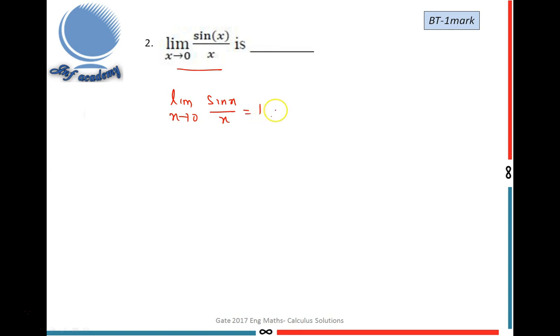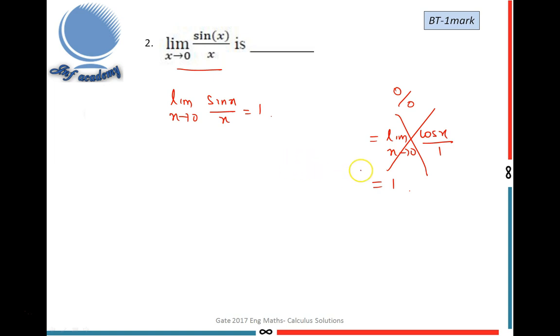Suppose you try to solve this problem this way: first I substitute the limit value and I get 0 by 0 form. Then apply L'Hospital's rule: the differentiation of sin x is cos x, and of x is 1. Next I substitute the limit and I get 1. This is the wrong way to solve this problem.